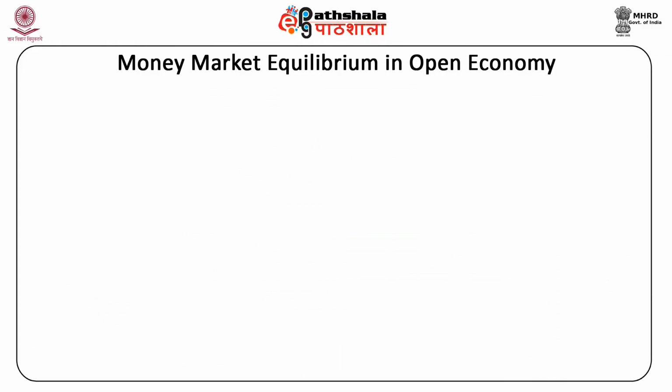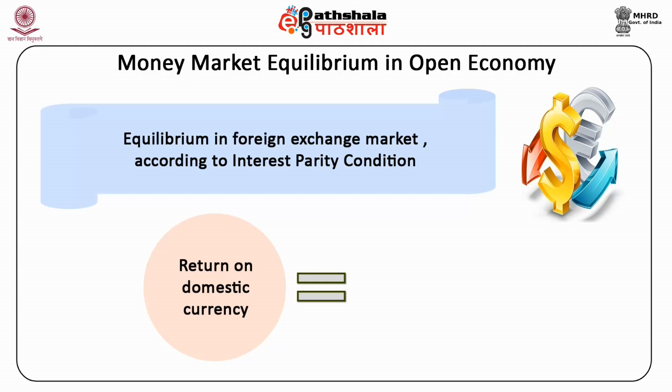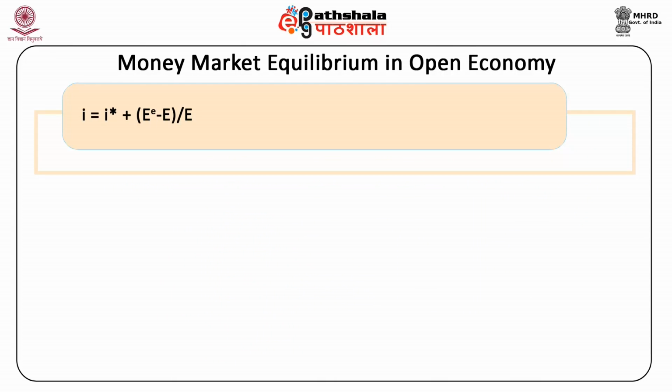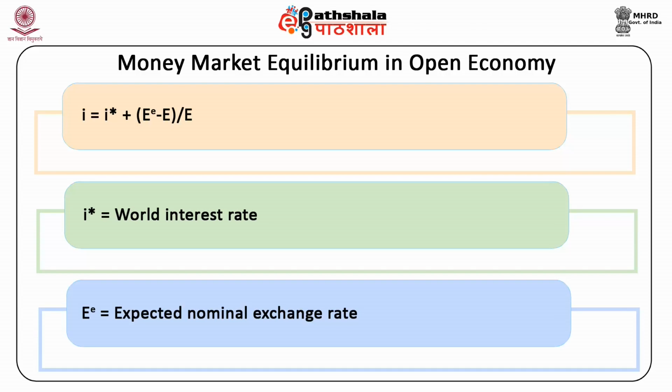However, according to interest parity condition, foreign exchange market is in equilibrium when the return on domestic currency is equal to the expected return on foreign currency. In other words, I is equal to I star plus e to the power small e minus e by e, where I star stands for world interest rate and e to the power of small e stands for the expected nominal exchange rate.